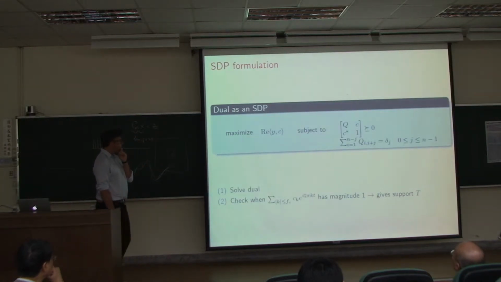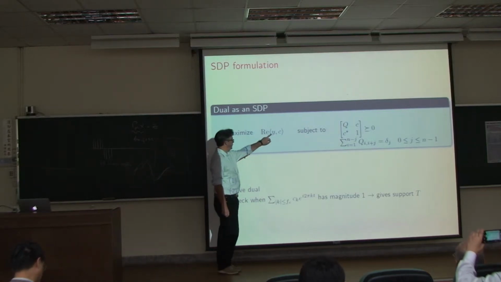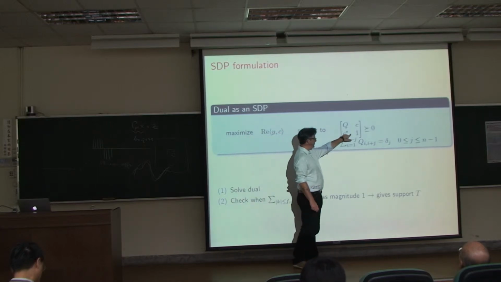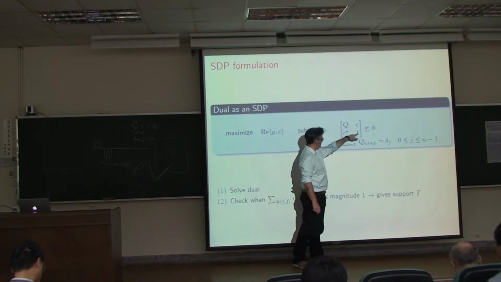Okay, so the dual can be formulated as a semi-definite program. I can maximize the real part of y transpose c subject to the trace of Q being 1, and the sum of Q along superdiagonals vanishing.